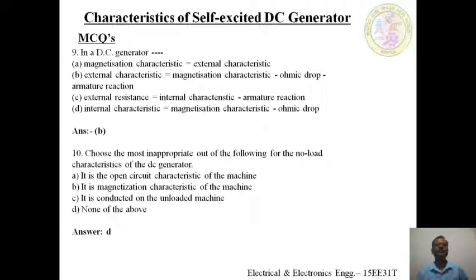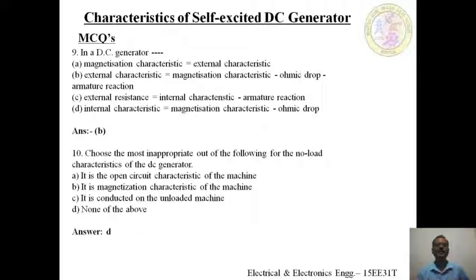Next, in a DC generator, magnetization characteristic equal to external characteristic, external characteristic equal to magnetization characteristic minus ohmic drop minus armature reaction, external characteristic equal to internal characteristic minus armature reaction, internal characteristic equal to magnetization characteristic minus ohmic drop. You have studied previously.